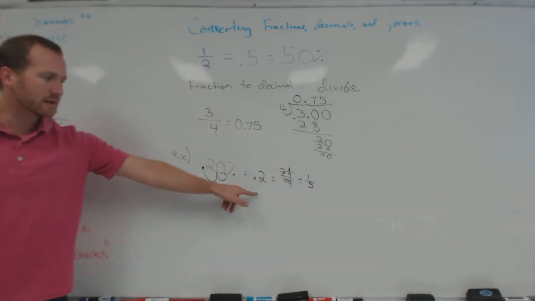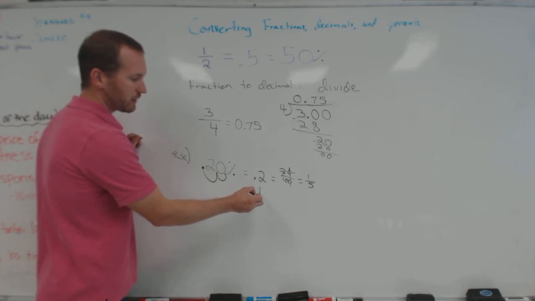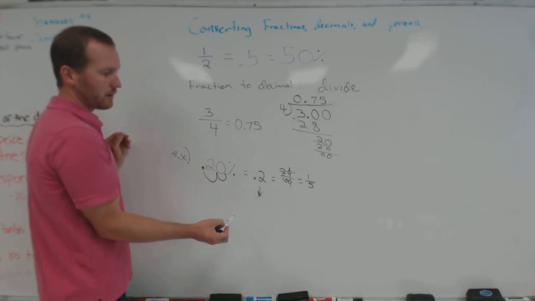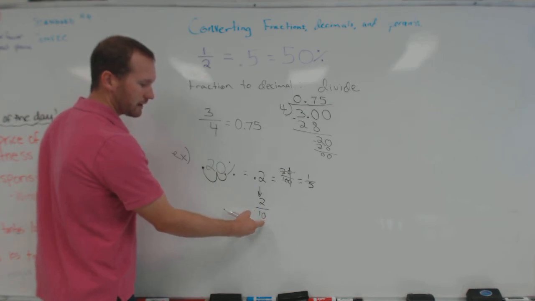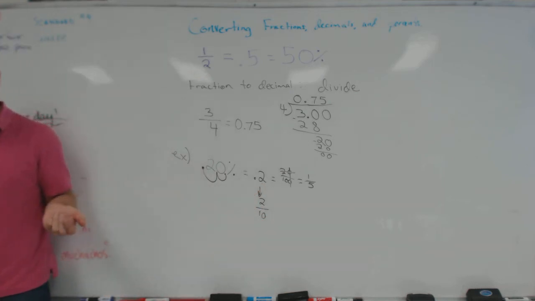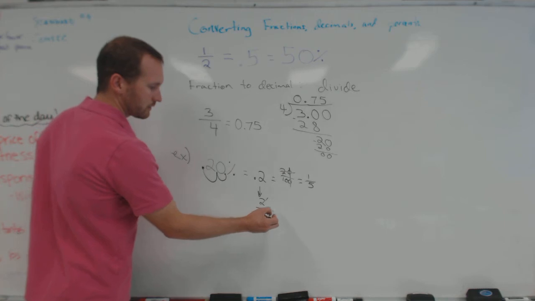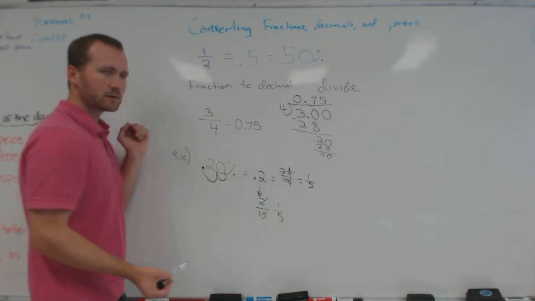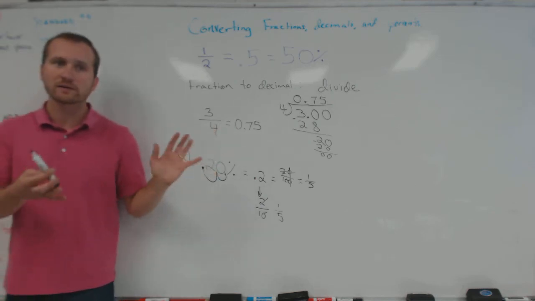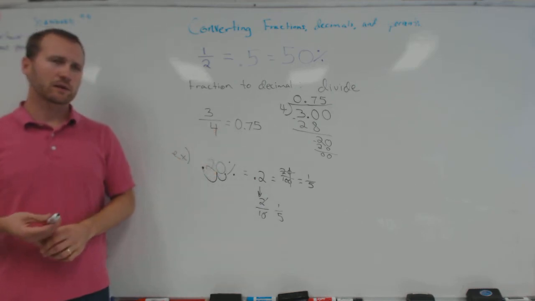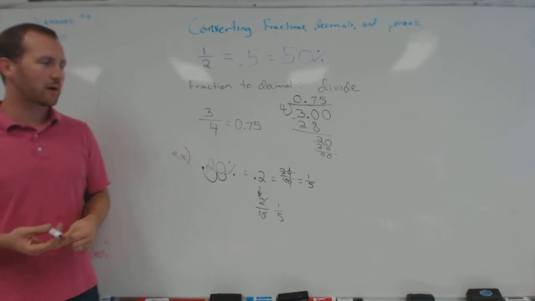You could also use my rule and make this into a fraction as 2/10, and then reduce that to 1/5. Either way is totally fine. And that's kind of the fun thing about these, there's a lot of ways to do them, right? And you can notice patterns and figure out what to pick out.